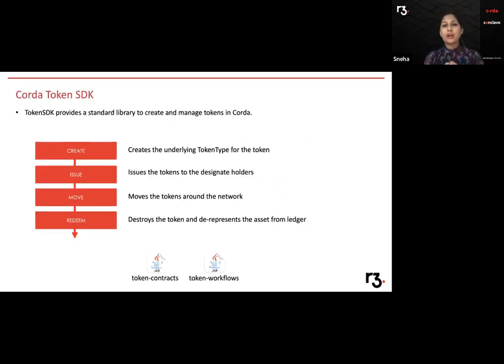Now there are different inbuilt flows which can be used to create the asset types on the ledger, and also to create the fungible and non-fungible tokens on the ledger. Then there are also flows which you can use to move tokens from one party to another. We will see how to use all of this in some time.